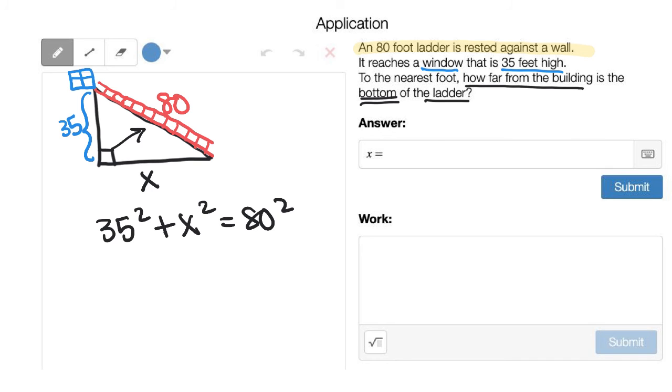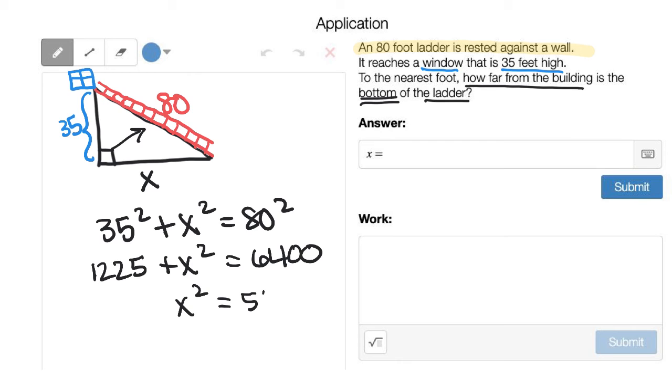Okay, so I do some calculations. That's 1225 plus X squared equals 6,400. Subtract that 1225. X squared equals 5175. And I will tell you, I'm not even going to simplify this with birthday cake because word problems, a decimal is always going to make more sense. Okay, so I square root that.